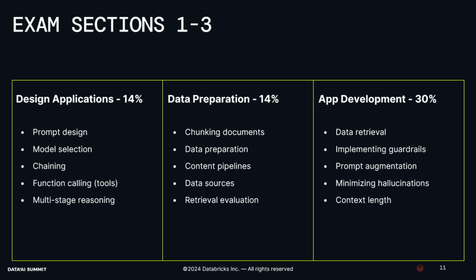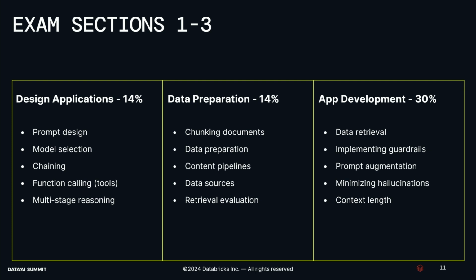Are you going to have to create a chain of prompts and then call into other data sources to pull information from a retrieval system into your LLM? Are you going to need to apply things like multi-stage reasoning? So designing applications is all about whether you can think at a higher level of what the overall sketch is for your application, and then go build the rest of those components and apply them. So you will see some questions around that higher level.